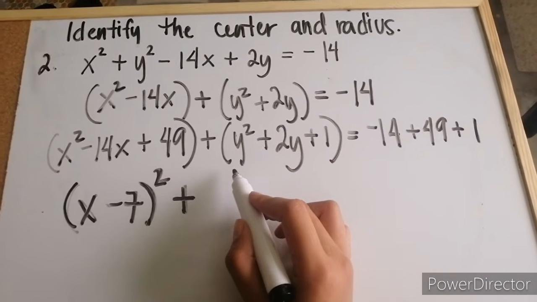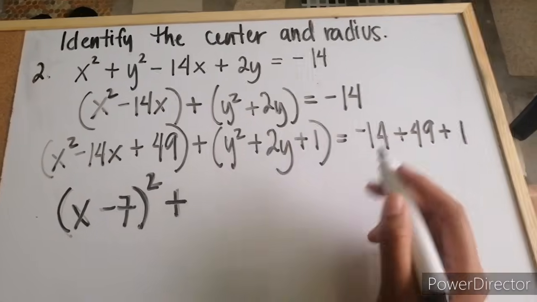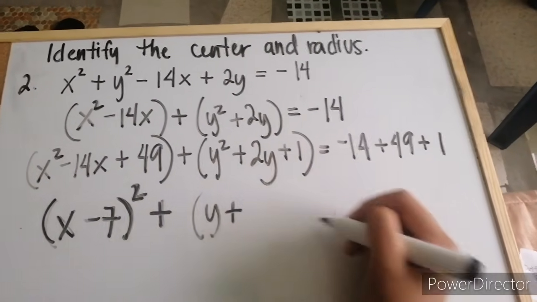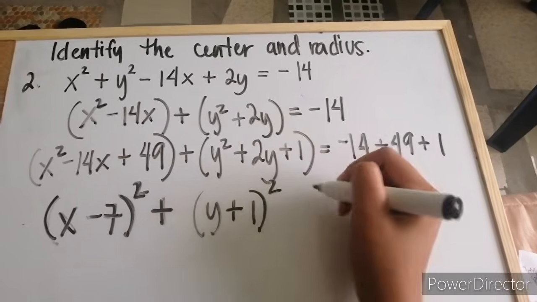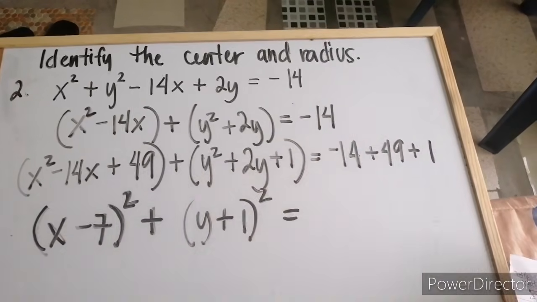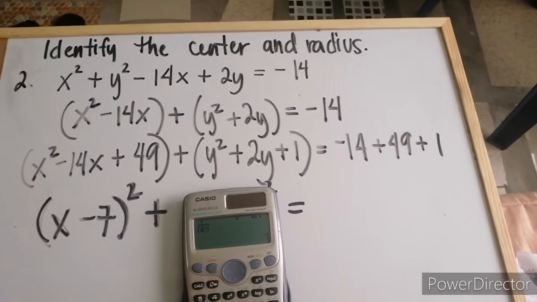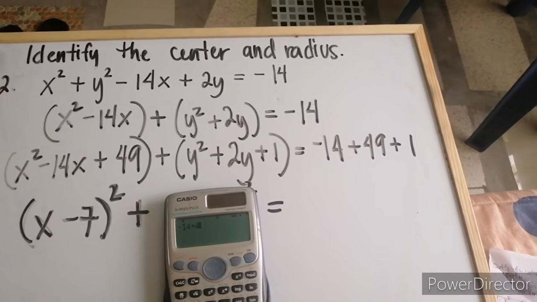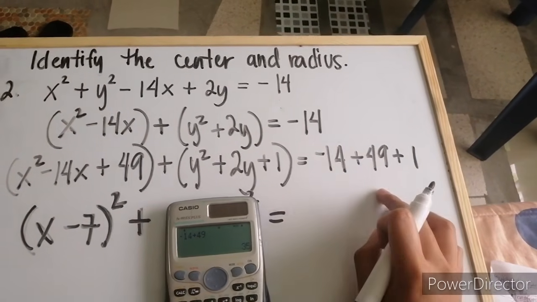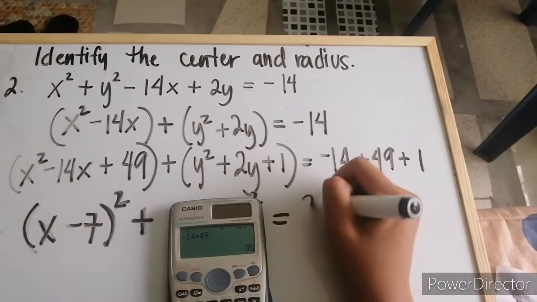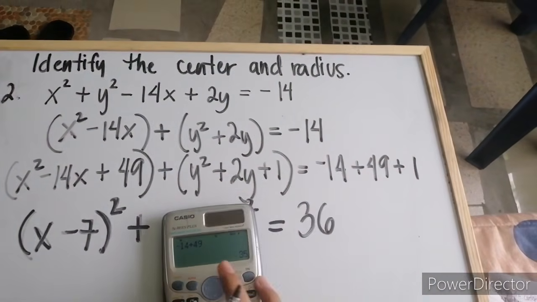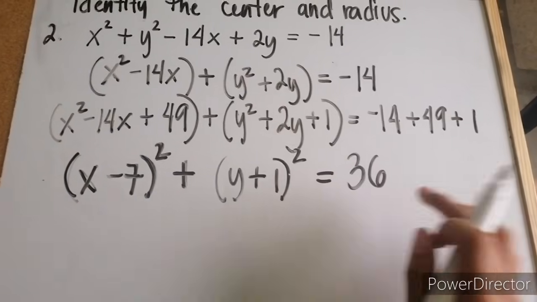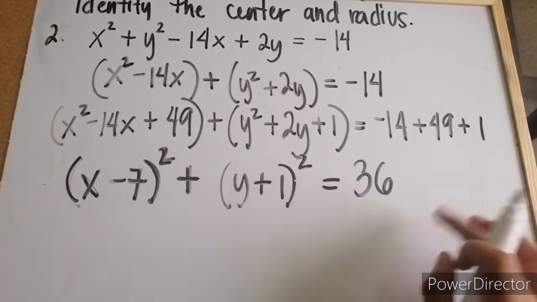Factor y squared plus 2y plus 1, we will have y plus 1 squared, and let's calculate. Negative 14 plus 49 is 35, plus 1, we will have 36. So this is now our standard equation of the circle.